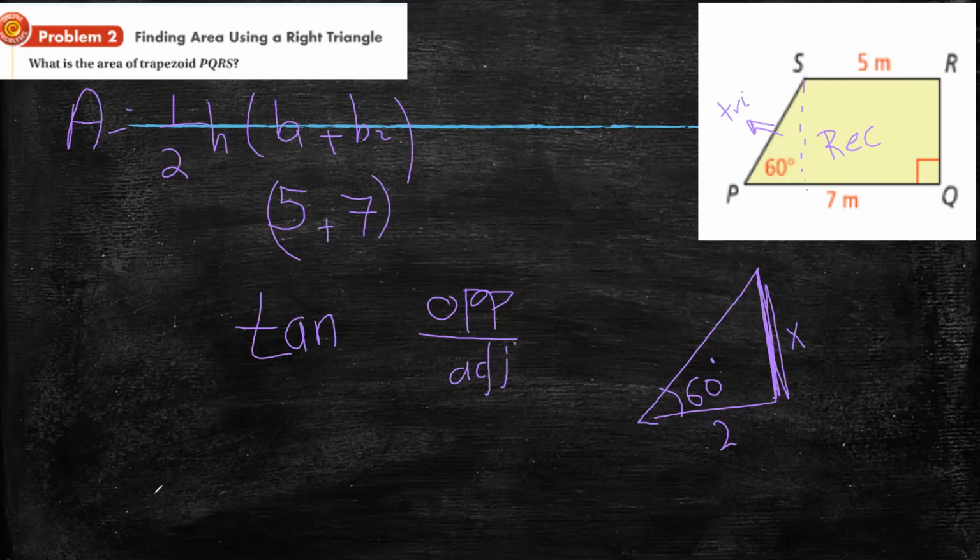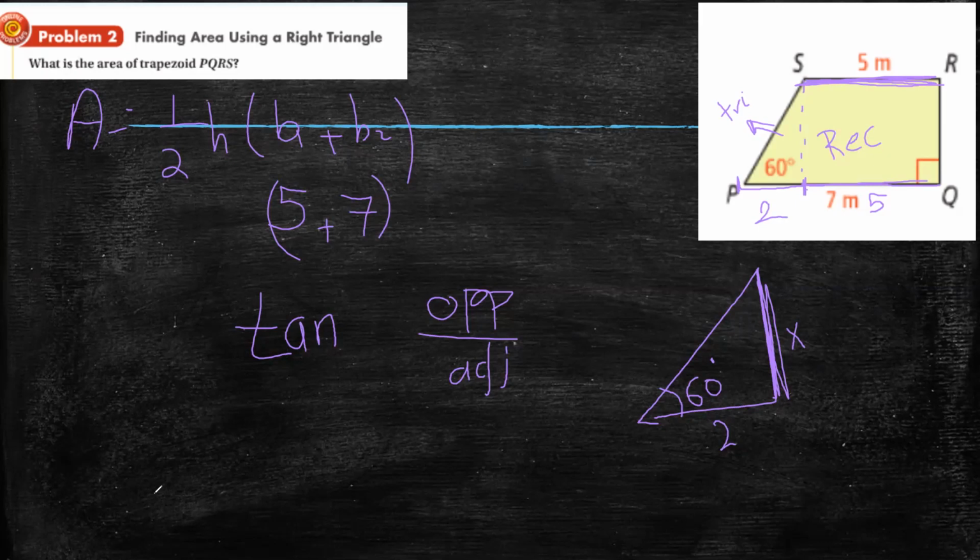In the rectangle, this base is 5, and here it will also be 5, because they are parallel to each other. And then under this altitude is 5. So from here to B, we have 2, since 2 plus 5 is 7. So now the base of the triangle is 2.